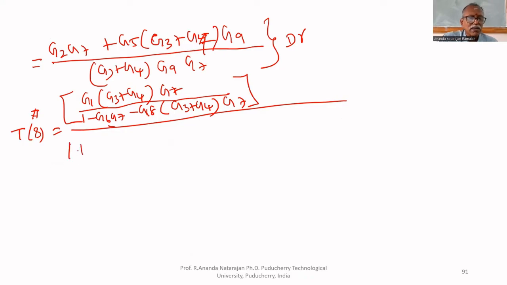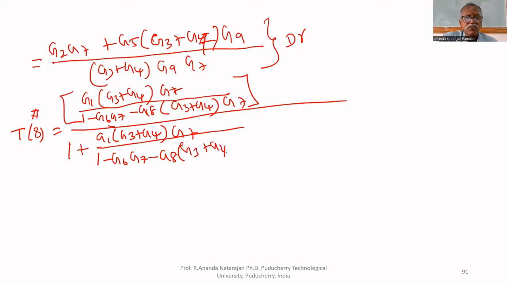Denominator is 1 plus the same numerator we have to write, that is G1, G3 plus G4, G7 whole divided by 1 minus G6, G7 minus G8 multiplied by G3 plus G4 multiplied by G7.